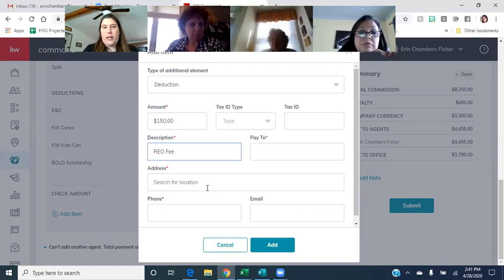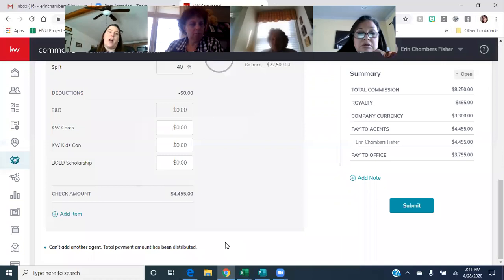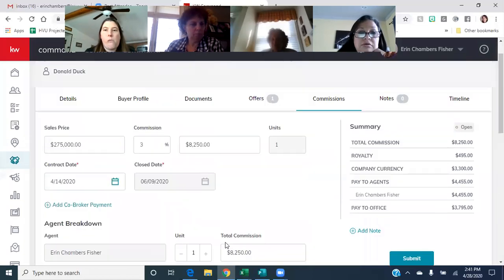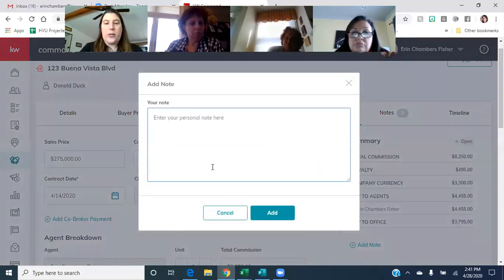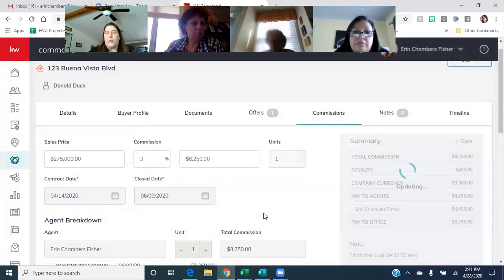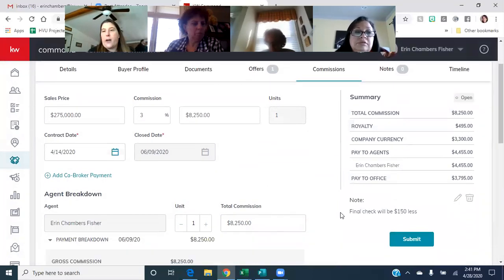That way I'm able to add that as a deduction. Okay. Perfect. Or you can add a note. There is still a section to add a note that the MCA will see. So you could say, final check will be $150 less. Then the MCA would see that there's that little item. That's perfect. Thank you.